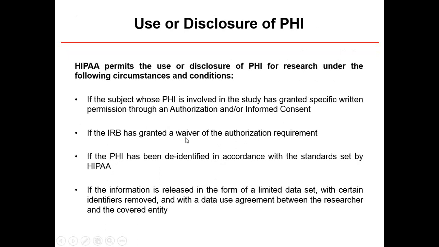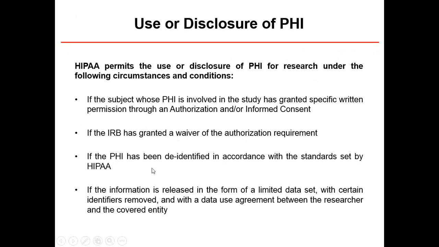A waiver is typical in a case when you would work with discarded clinical materials, like typical tissues that are discarded for pathology. If you work with that kind of tissue, then the IRB will typically give a waiver, and the patient does not need to be notified.